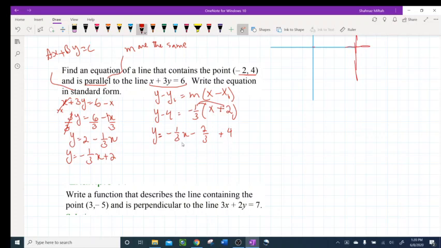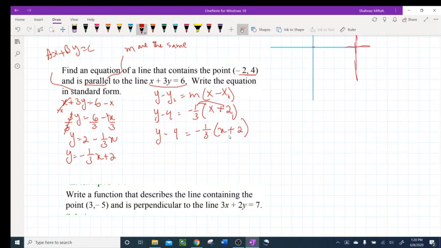Okay, so I got that, and actually I should have done it before, like the one we did last time. Okay, let me do this. This is kind of easier compared to the rest of the stuff. So I'm going to do y minus 4 equals negative 1/3 x plus 2.